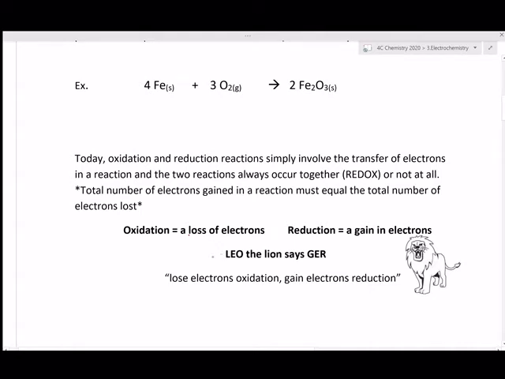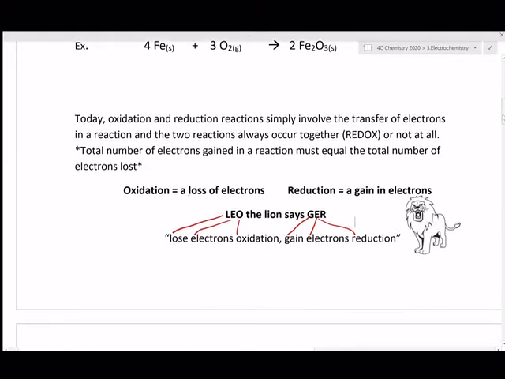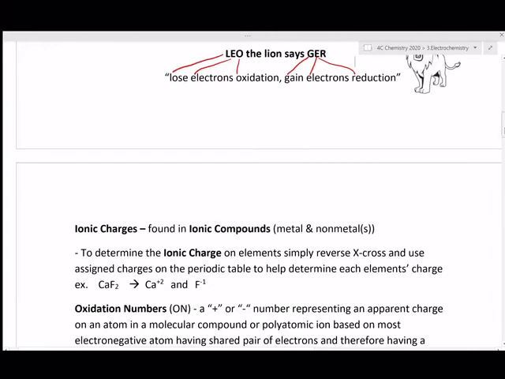So LEO is lose electrons is oxidation. And reduction, we are gaining electrons. So GER, that's better. That's just a little thing that can help you remember what is going on with oxidation and reduction. It's all about transferring electrons.